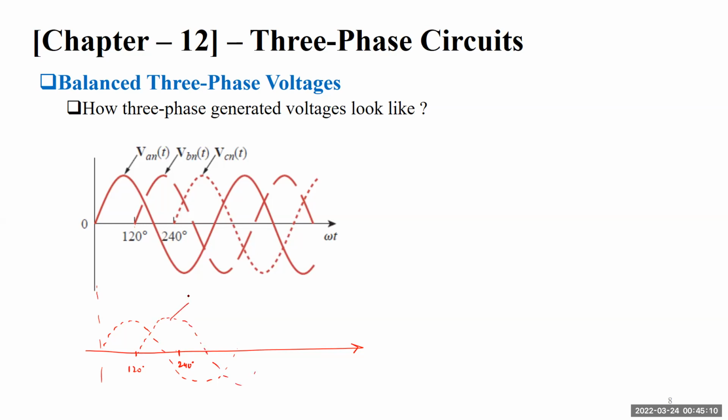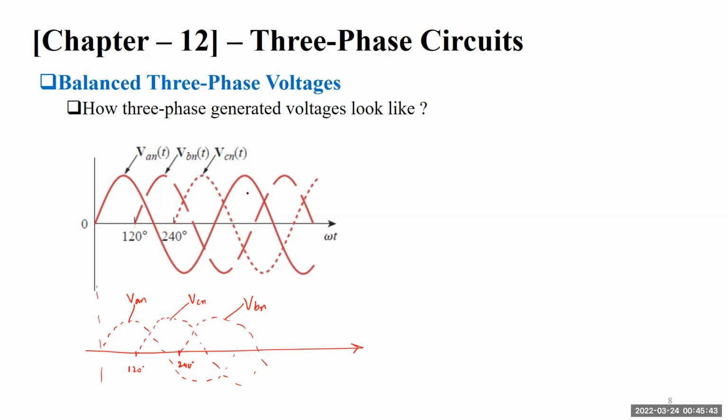So this can be VCN, VAN, and then your B may be starting from here as well. Again, this is up to the convention in which the windings are attached, or the way the power system engineers assign certain phases to certain outlets of the generators. So this is up to them, and we'll see ahead that this is called the phase sequence.